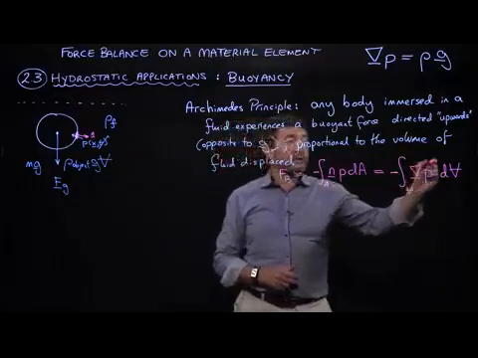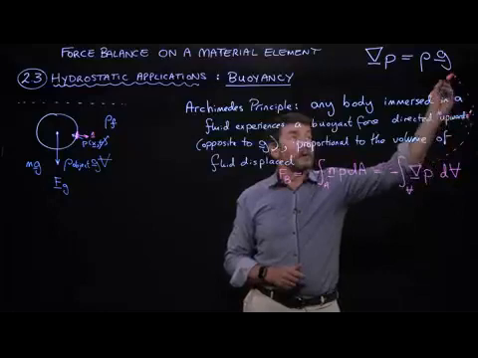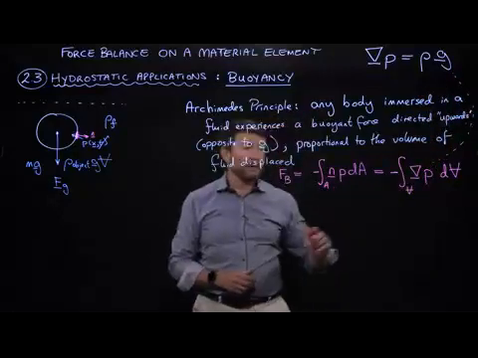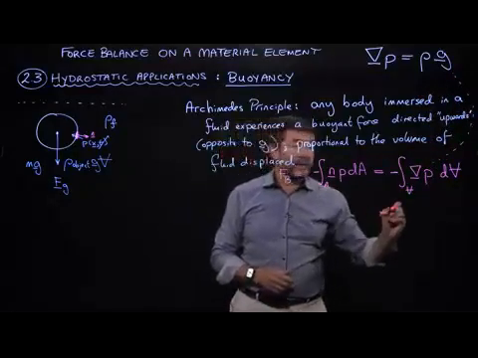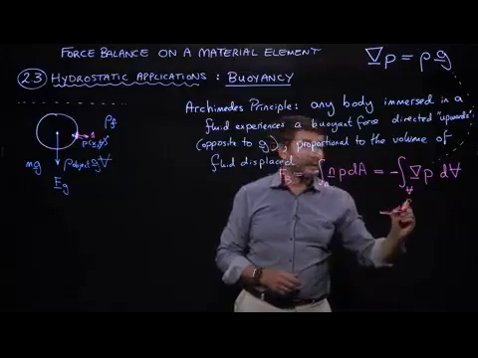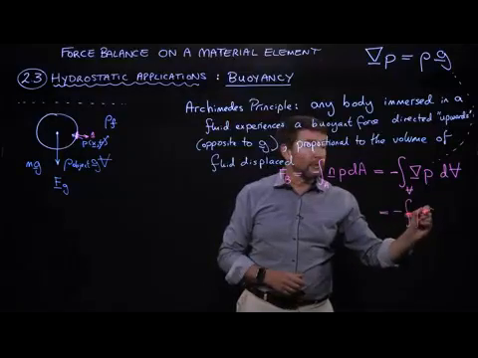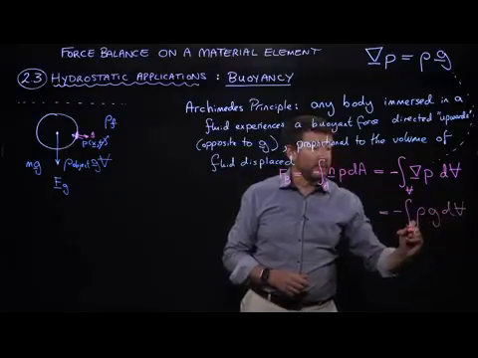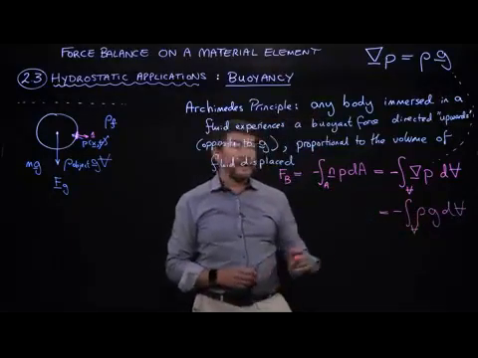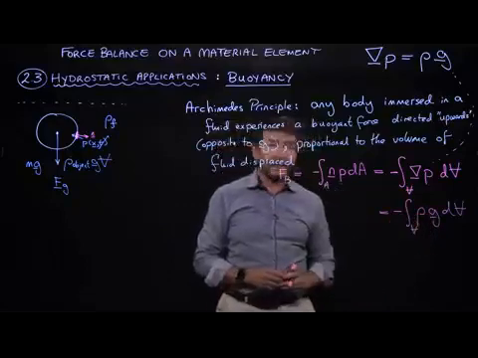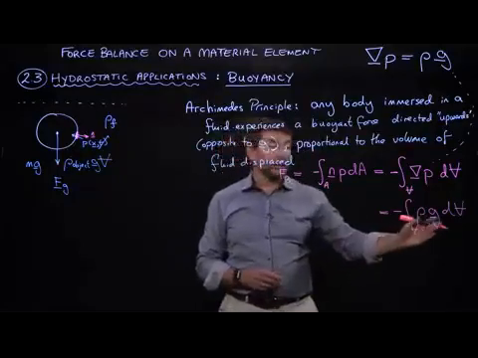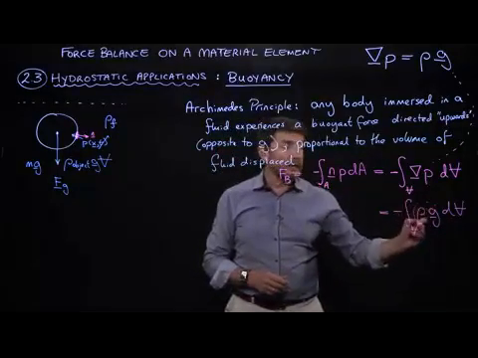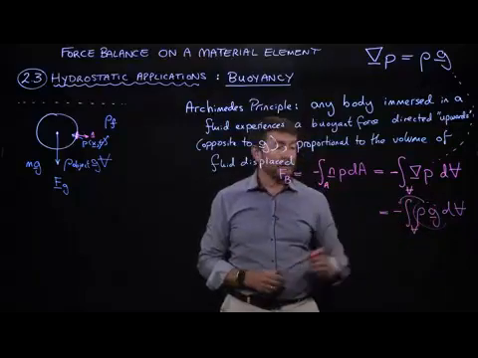And I know an expression for this from my expression for hydrostatics right here. And so I can easily express it as minus the integral of rho g dV integrated over the volume. And in this case, if we're dealing with an incompressible material and gravity is constant, everything that's inside here can come outside the integral.